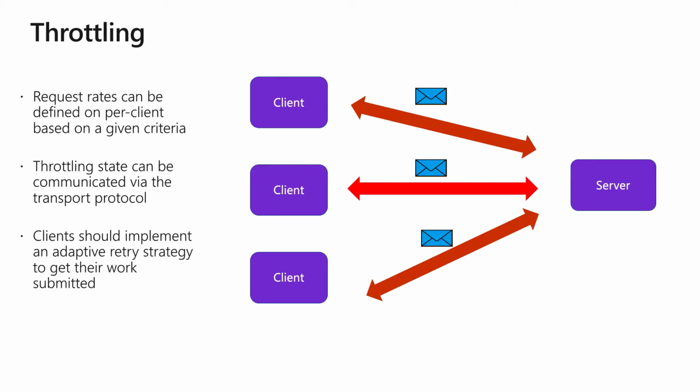So the first thing I want to talk about is throttling. Now, in this scenario, you might have a server or a single application on the right side, as you can see here, that is sitting and waiting to accept messages. But on the left side, I might have a lot of different clients that are very chatty and they're sending messages at a very high rate.